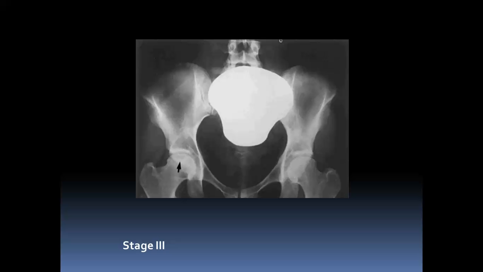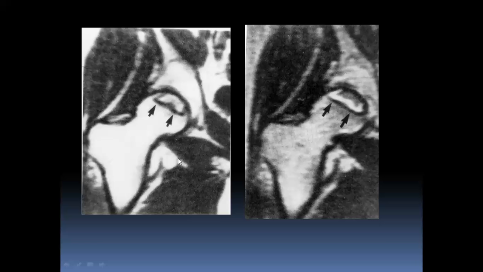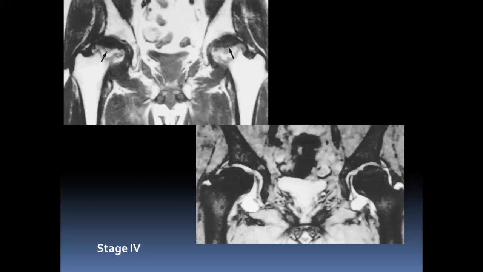Here it is, a well defined line of cleavage, a separate fragment. This one is separate fragments. In stage 4 we have the full-blown picture of avascular necrosis: the flattened, fragmented, condensed, deformed head with loose bodies.